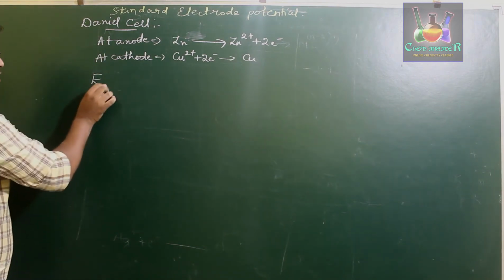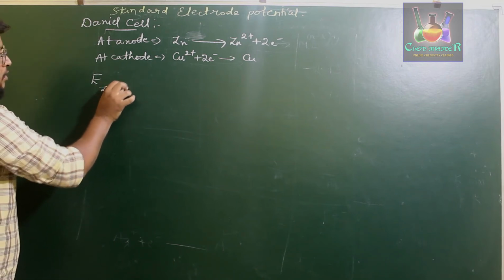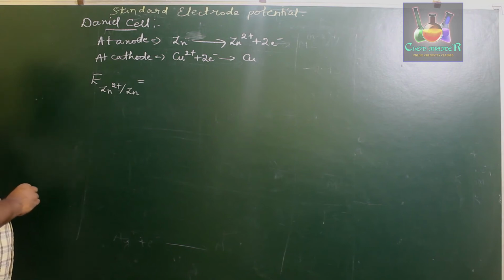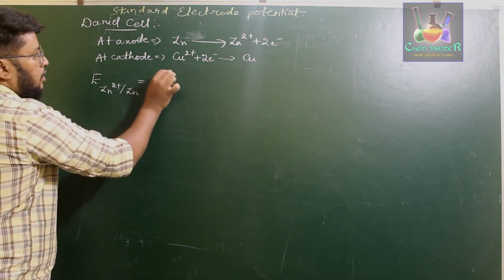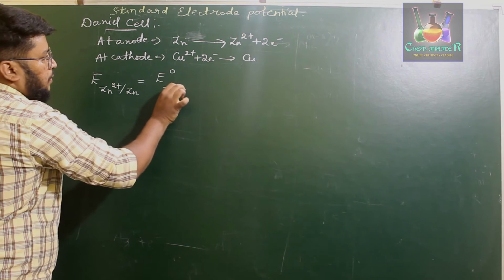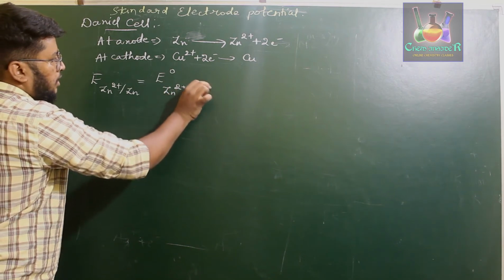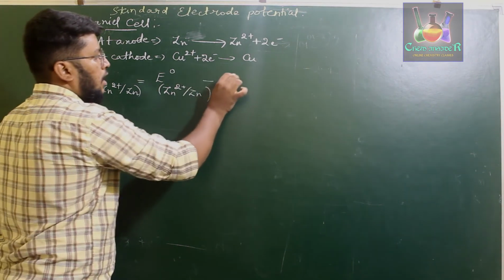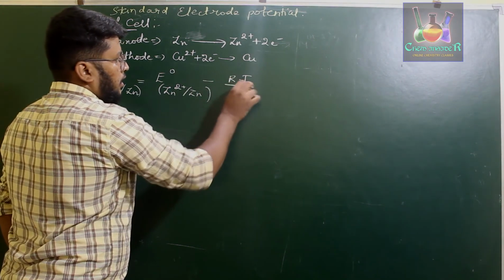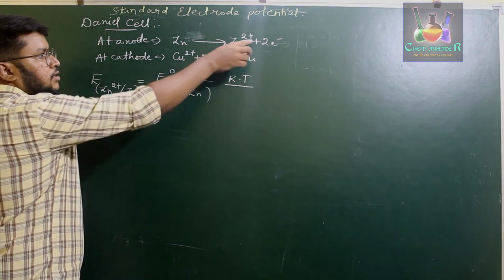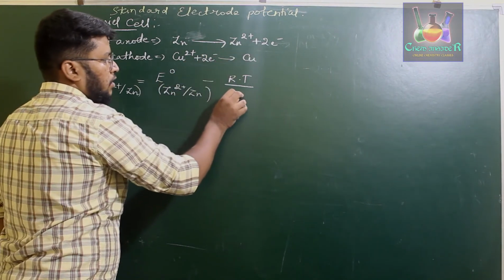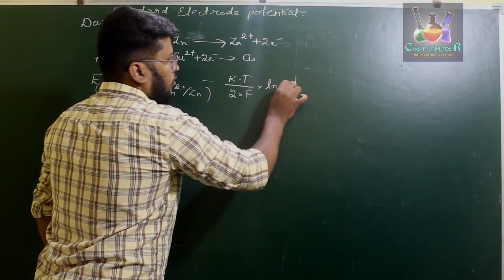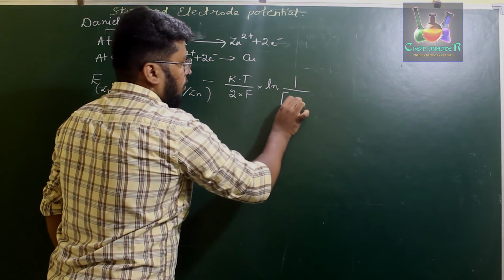Okay, so now if you write down the electrode potential of Zn2+ with Zn, that will be given as E of Zn2+|Zn is equal to E naught of Zn2+|Zn minus RT divided by nF. n is 2 electrons which is reacting over here, so 2F, into ln of 1 by concentration of Zn2+.